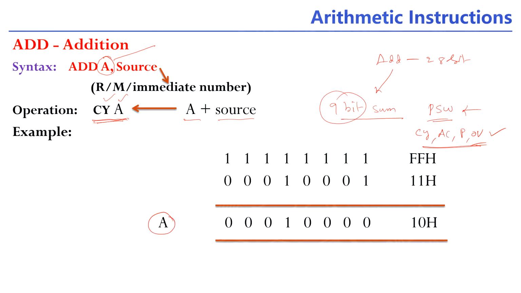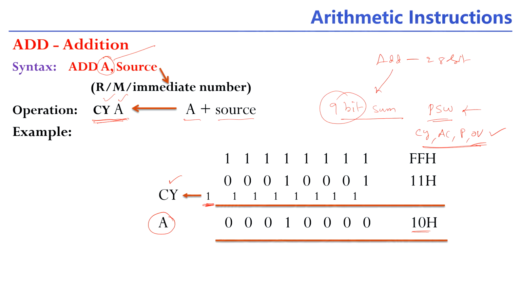After addition you are getting 10H as the 8-bit result. The 9th bit information is stored in the carry. The 8 bits are stored in accumulator, and the 9th bit of the sum is stored in carry.